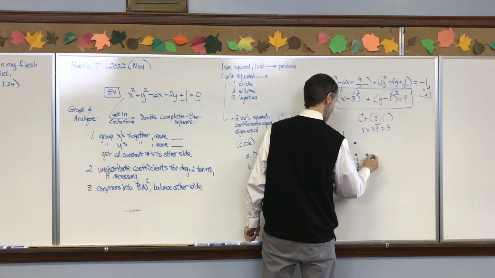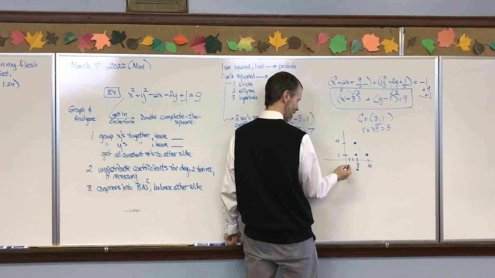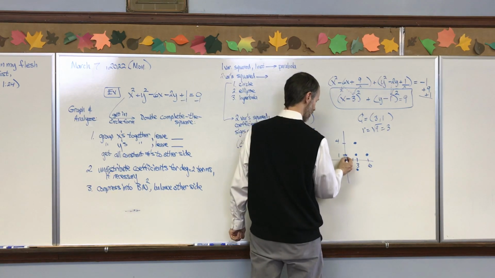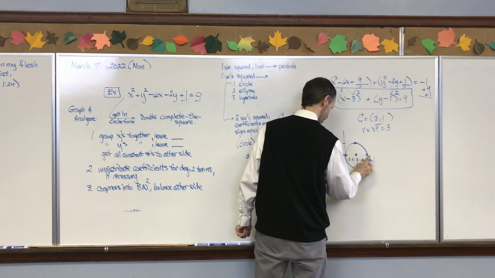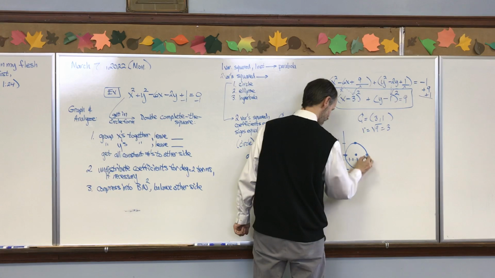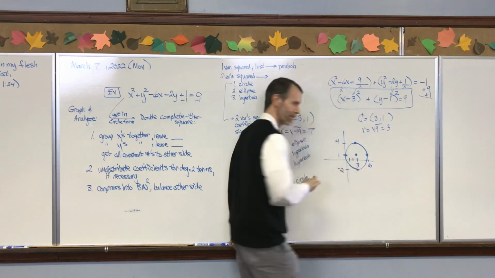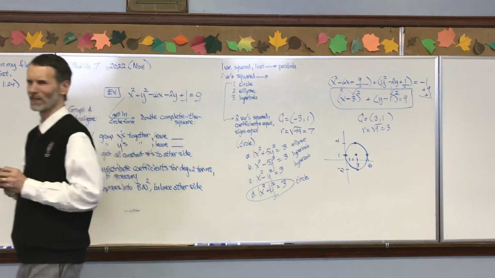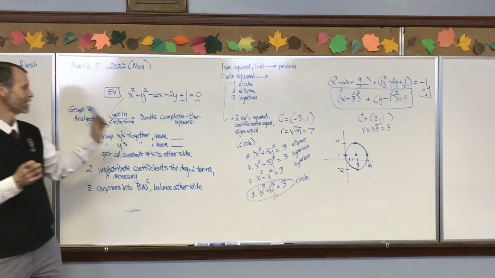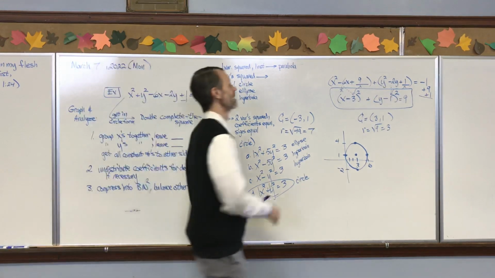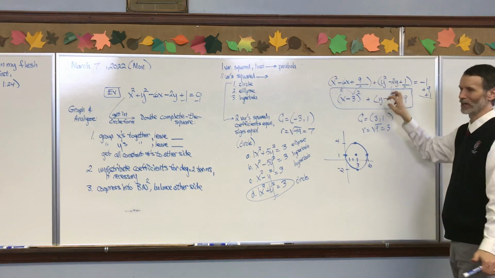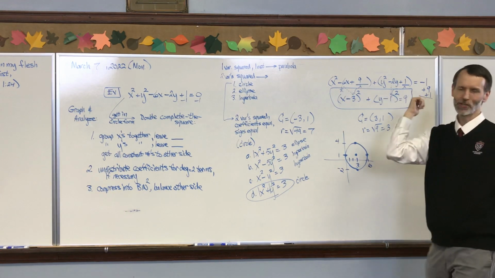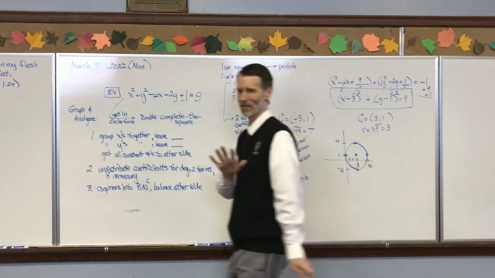Make sure you don't put it on the x-axis by mistake. Left 3, which would be at 0. And now, flying numbers. There you go, done. Does that make sense? It's called the double complete the square, which is make a binomial squared plus a binomial squared, and send all the other junk to the other side. Make sense?